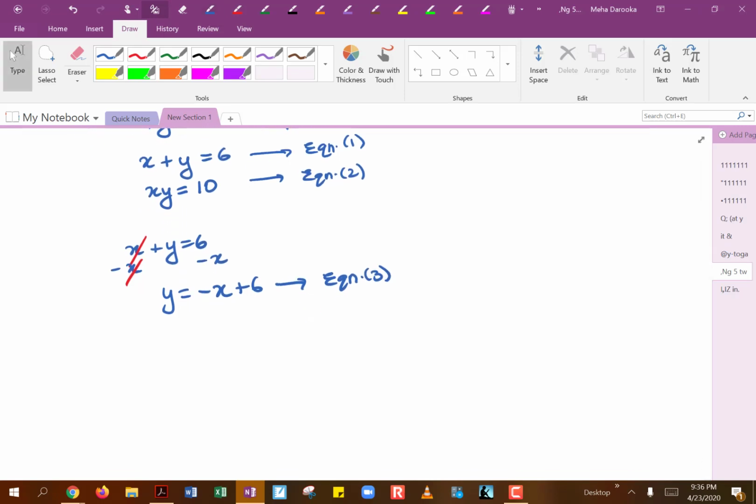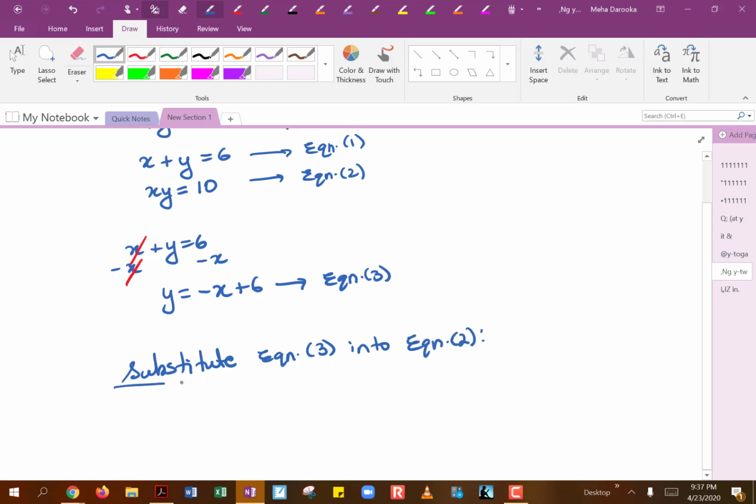Okay? So we are going to do substitution, where we are going to substitute equation 3 into equation 2. You don't want to substitute equation 3 into equation 1 because remember, equation 3 is just equation 1 that has been rewritten.